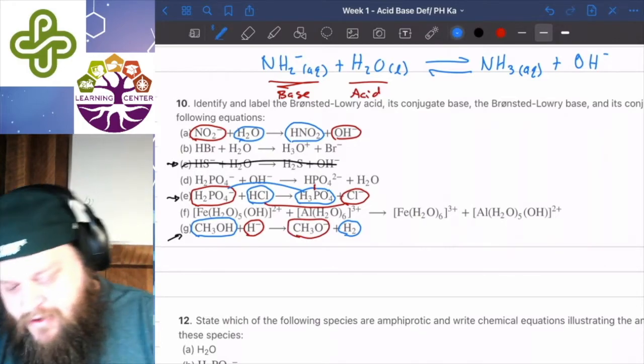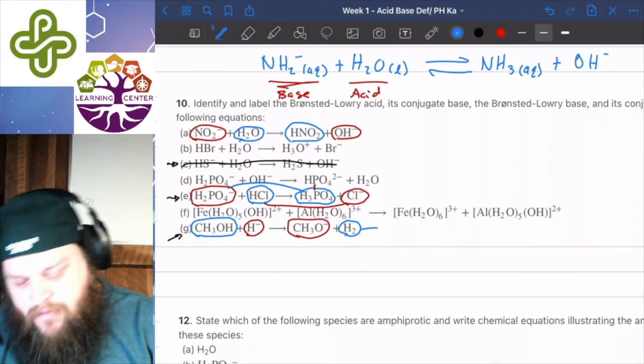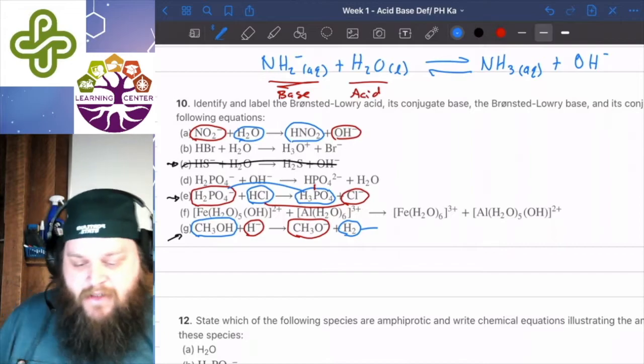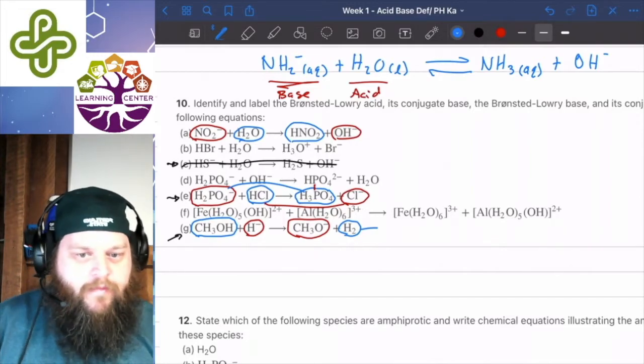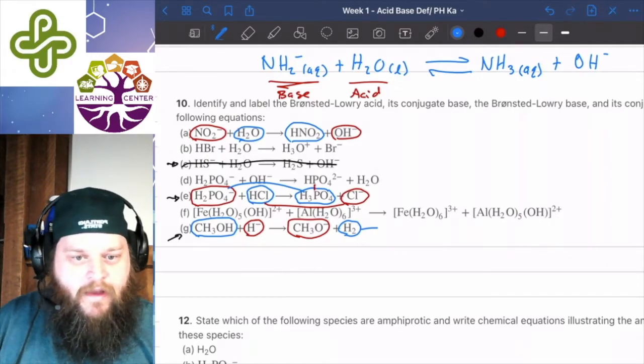And H2, what's unique about H2? Because in this situation, it's not really going to be in equilibrium, for a good reason. Anybody have an idea of what that would be?